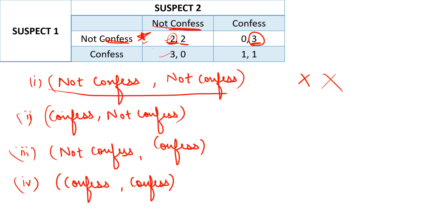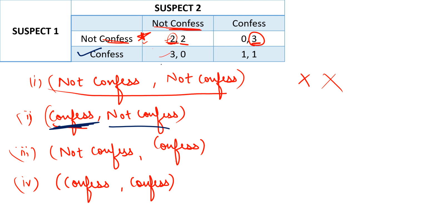The next case is when suspect 1 chooses to confess, but suspect 2 chooses to not confess. In this case, this is simply this scenario.